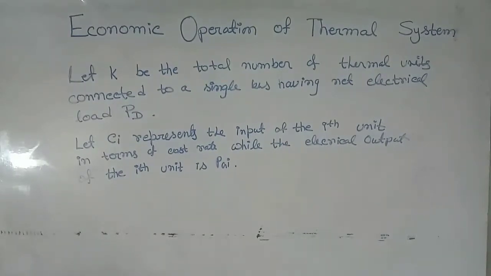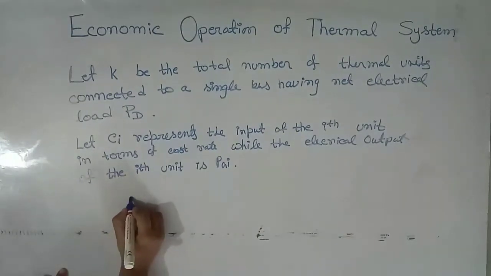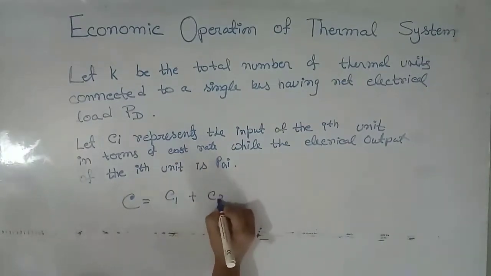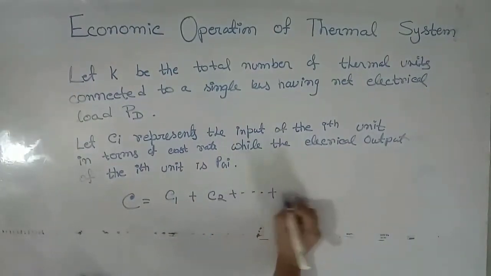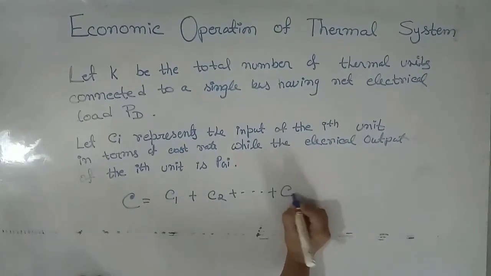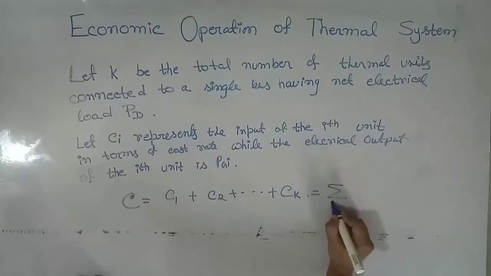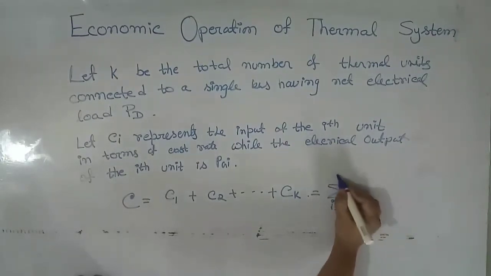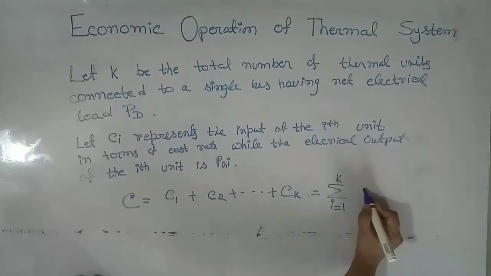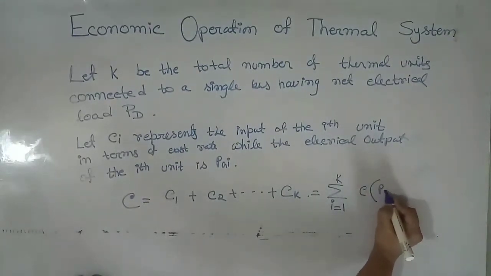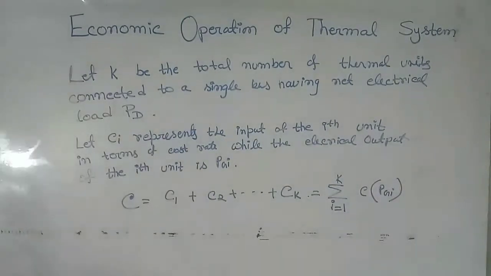rate is the summation of cost of each of the individual units. So C equals C1 plus C2 plus so on up to CK. So we can write it in the form summation i equals 1 to K of Ci as a function of PGi.